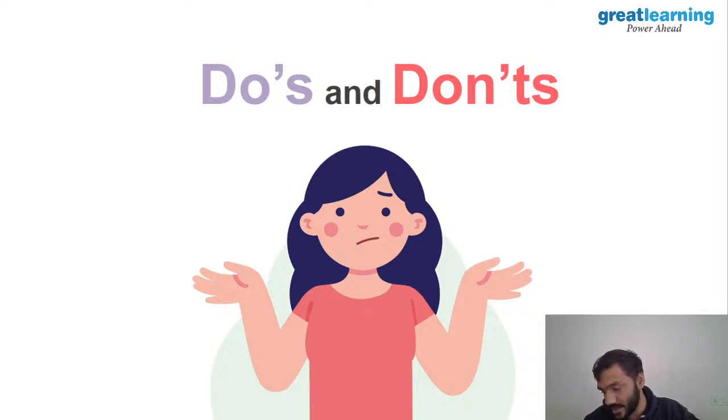Another do is create specific portfolios for specific companies. It can help. I talked about that already, so let me skip that. If you have a different background than design, then try to include elements that do help you. Let's say you've been teaching. If you want to go from teaching to UX designing, you can say that you've learned a lot about empathy and psychology, maybe child psychology or adult psychology.